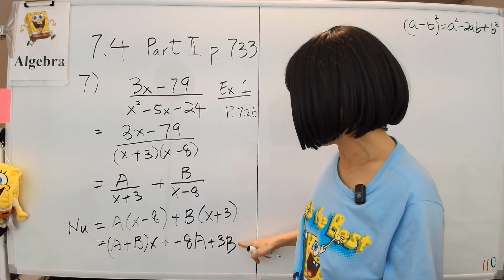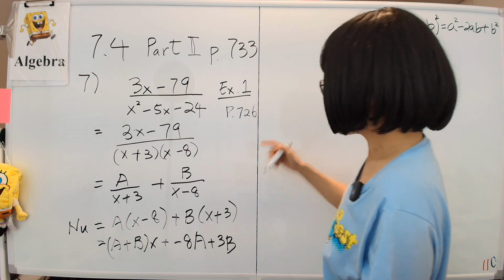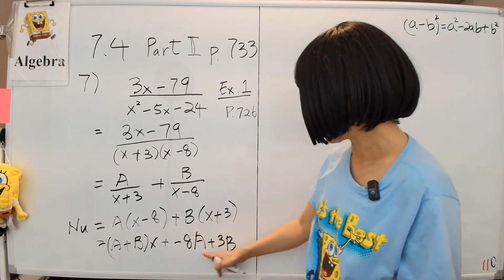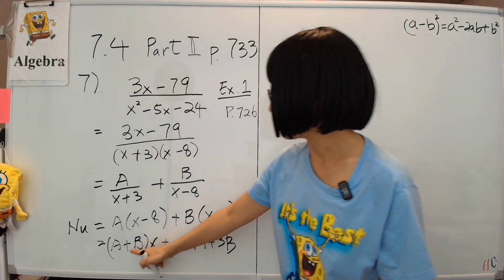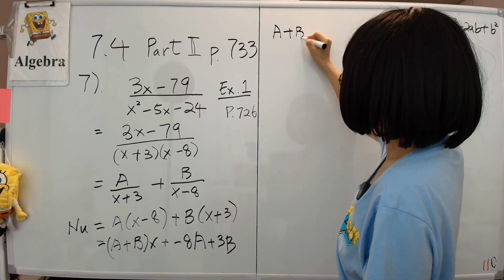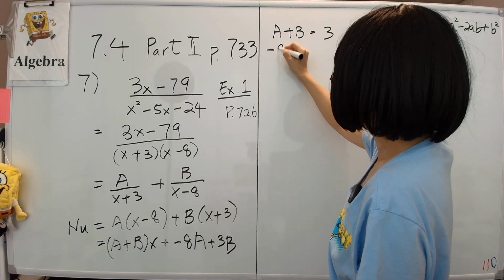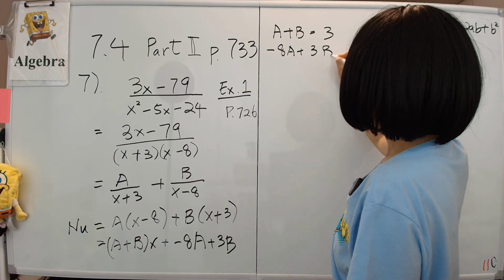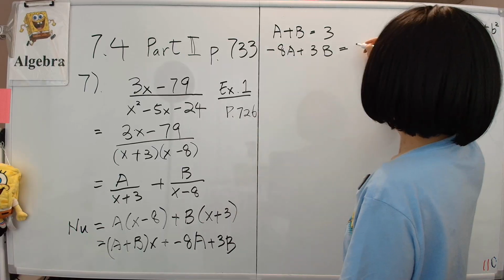For it to be the same, a plus b has to be 3, and minus 8a plus 3b has to be minus 79. So we'll write that down: a plus b had better be equal to 3, and minus 8a plus 3b needs to be equal to negative 79.